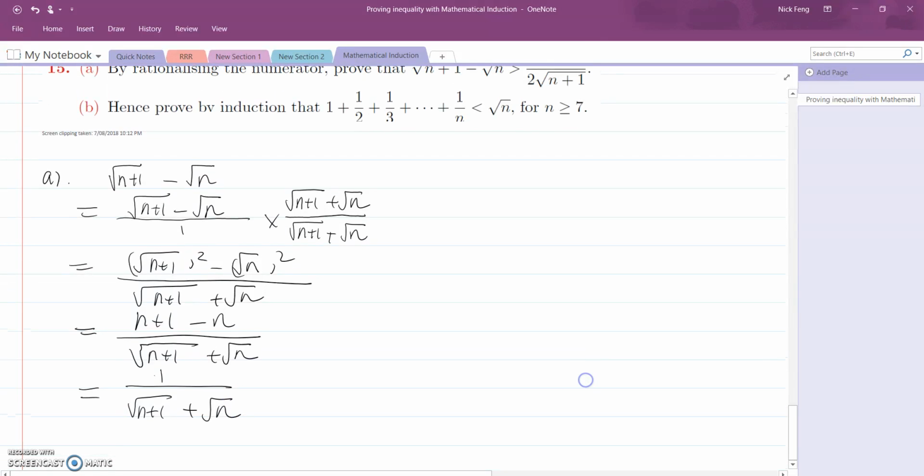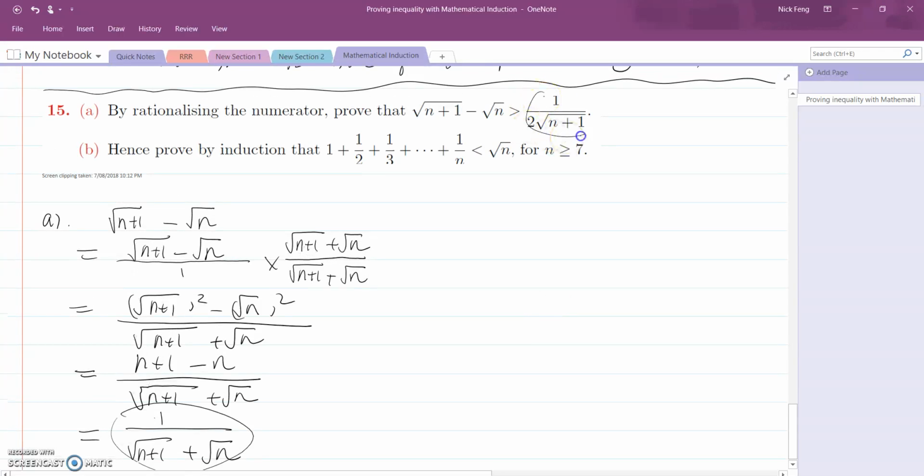Now, how do we prove this expression is actually greater than this? This is a little bit challenging. Well, kind of, but you need to realize now, whatever at the denominator, the bigger you put in, the smaller the value would be. Therefore, root n is actually less than root n plus 1.